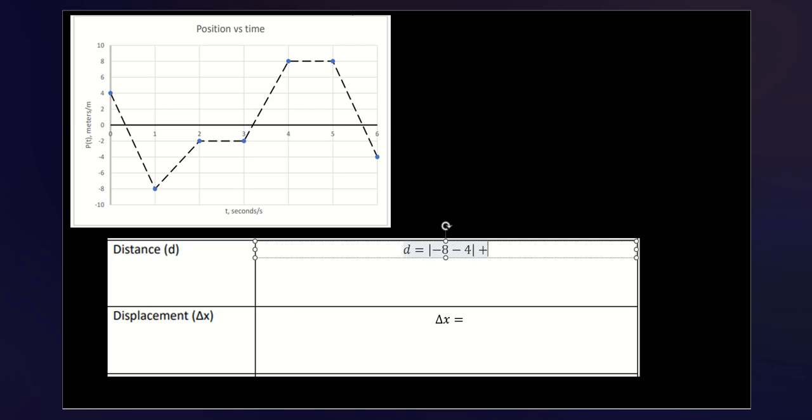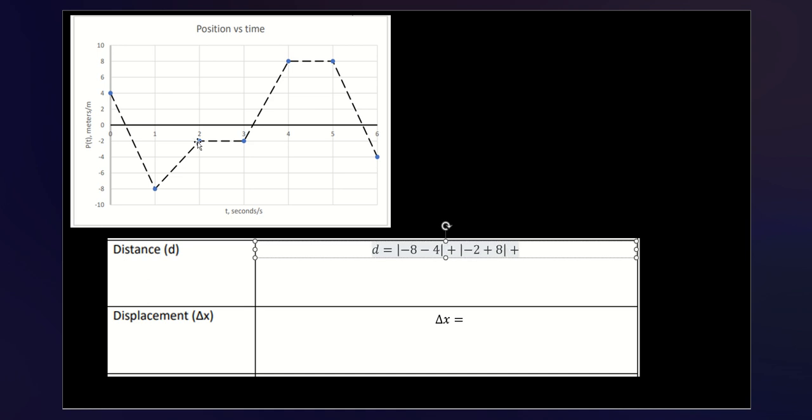Now we're going to add to that the next chunk, which goes from time 1 to 2 seconds. All we really care about is this line starts at -8 on the y chart, and it ends at -2. So what we're going to have is absolute value signs, -2 minus a -8, which in reality just becomes +8.